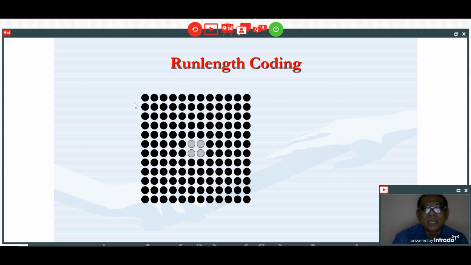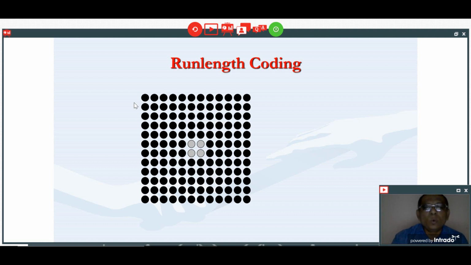So we will go through two examples. One which is lossless in nature, that is run length coding. Run stands for symbol, length stands for how many times it is occurring. Here we have dots. 12 dots are there along the row, 12 dots along the column. Each dot represents one pixel. That means 144 dots are there.